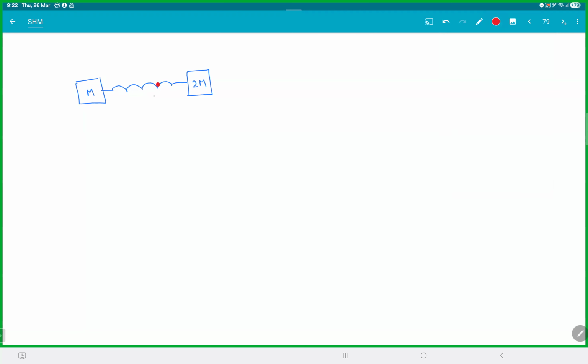So the center of mass will be somewhere here. If you go and stand on the center of mass, the velocity of the center of mass will be mu by total mass, which is u by 3, right? And the COM is an inertial frame. So the center of mass will think, okay, I am at rest, and these two blocks are moving about me.